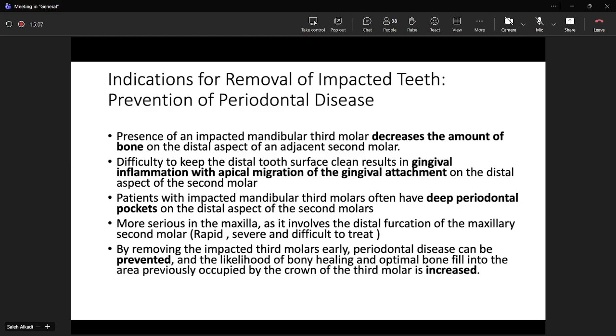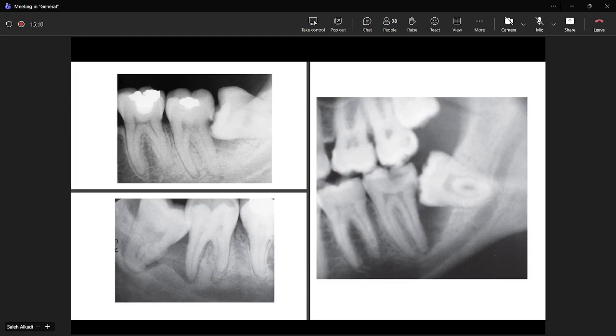So here are a few examples of periodontal problems arising from impacted third molars. We can see here at the top left, the pocket between the lower impacted third molar and the adjacent second molar was very difficult to clean if food gets in there.